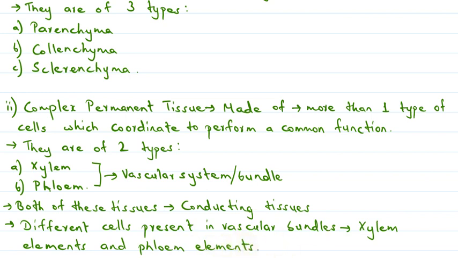So these are the different cells that are present in vascular bundles. We will talk about both xylem and phloem in detail in our next videos.